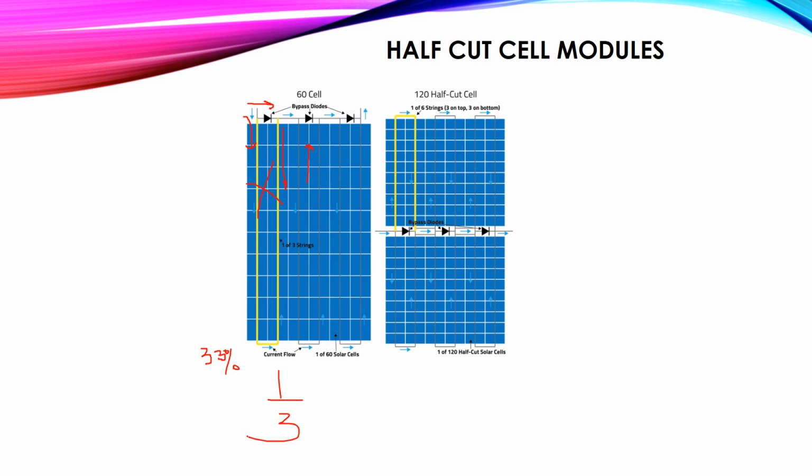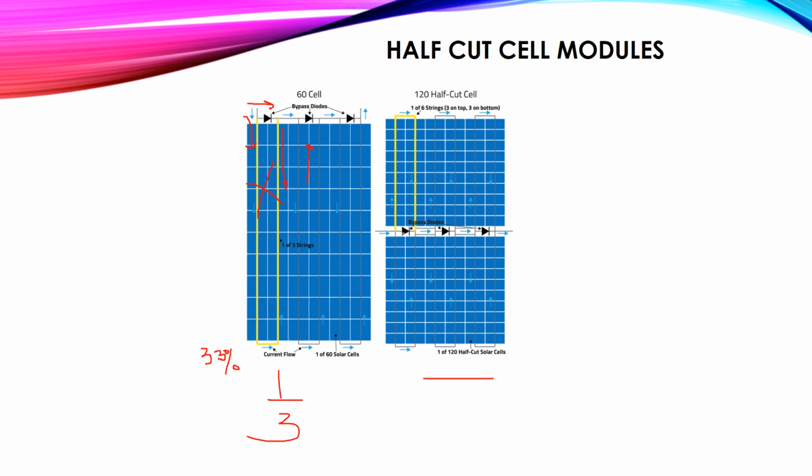So here the power is reduced by a third. Now in the second case, we divide the 60 cells into 2 equal halves. Since 60 multiplied by 2 gives us 120 half-cut cells.